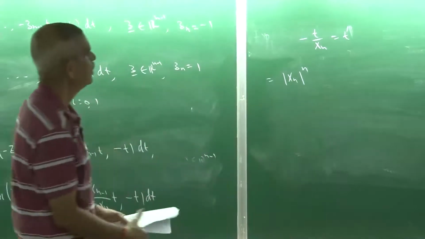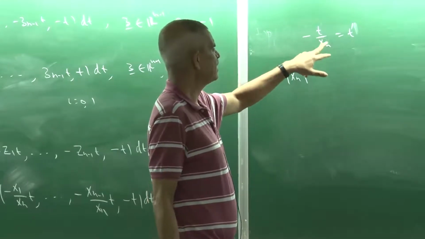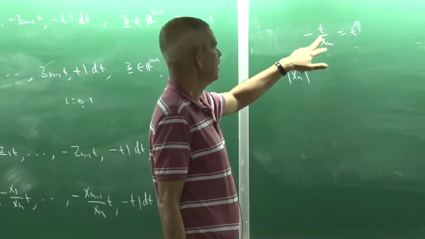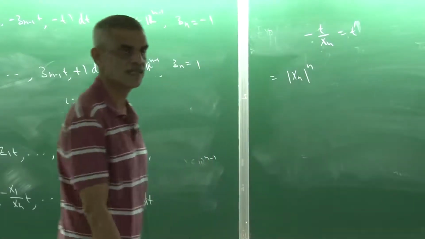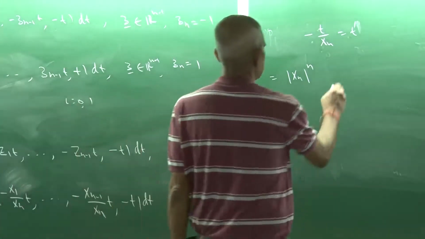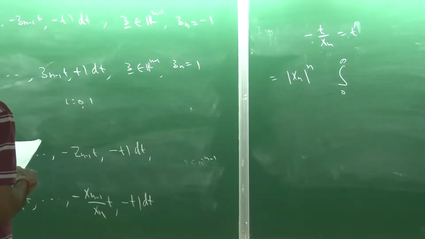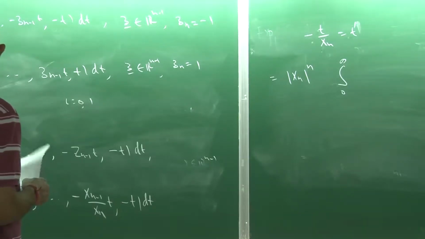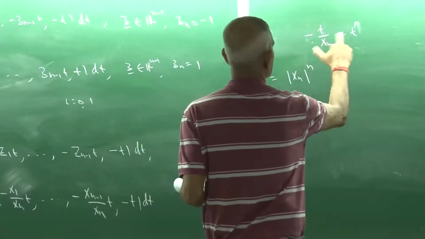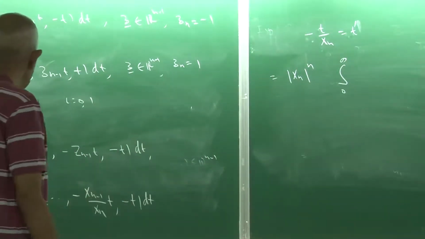Is that okay? Note that xn is negative. So what would be the range of t prime? When t is 0, xn being negative, it will be 0. When t is infinity, this would also be infinity, because minus xn is positive, so this would be 0 to infinity. Then t was positive, so that is why t would be modulus xn times t prime, so xn to power n, because xn is negative. So I just made that transform.